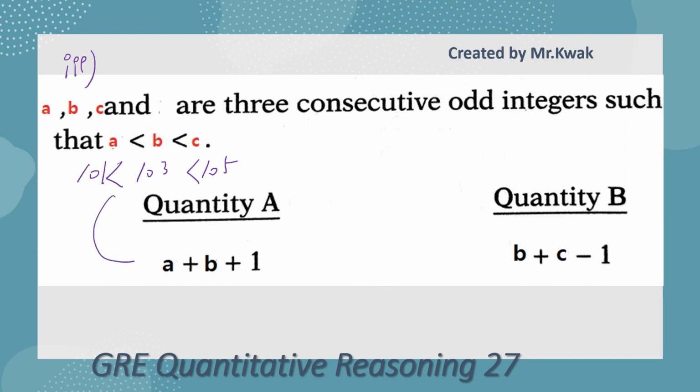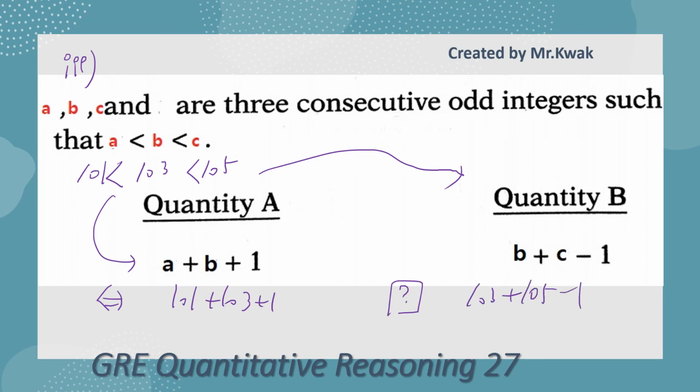Then let's just insert them into quantity A and B. 101 plus 103 plus 1. 103 plus 105 minus 1. Then 204 plus 1, in other words, 205. 208 minus 1, in other words, we can just write down 207 here.